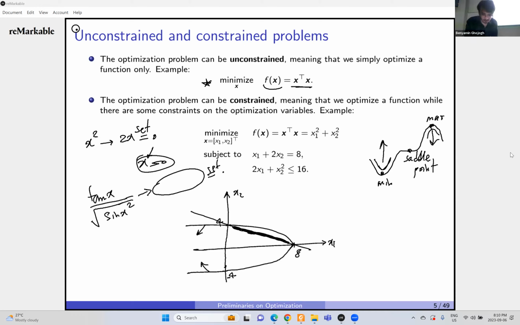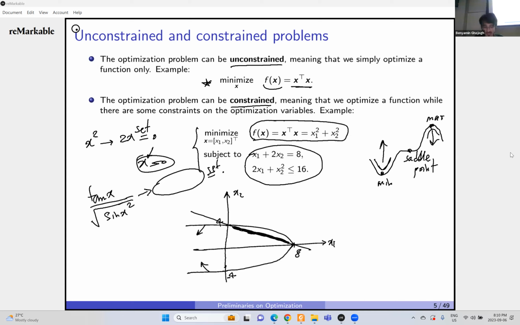So here, the optimization problem can be constrained, like this. These are the constraints. Let's take a look at this. I have some quadratic function. My optimization variables are x1 and x2, the elements of the vector x. And I have two constraints here.